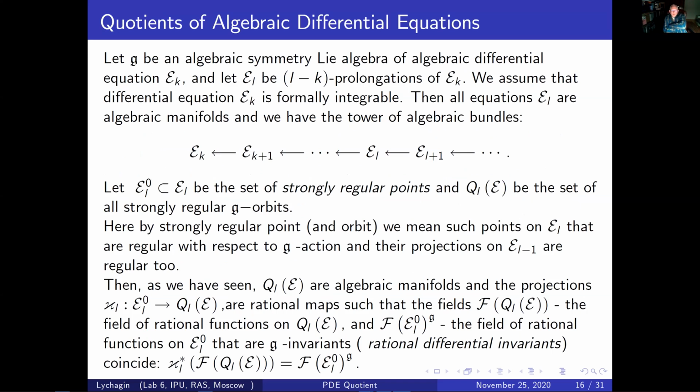Now let's go to quotients. We will assume that the symmetry is algebraic every time. Let me talk only about the finite dimensional case, and it's not important how big this algebra G is. It can also be done for infinite dimensional, but I will simplify my life.